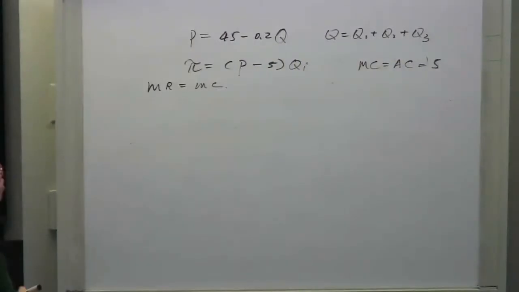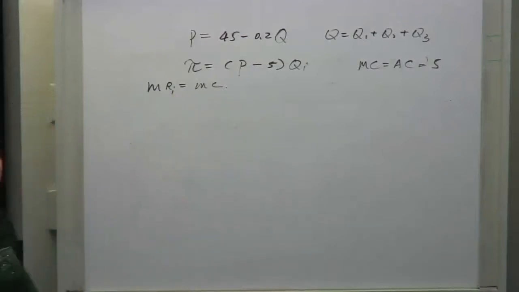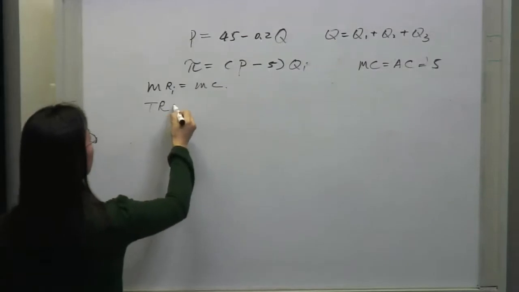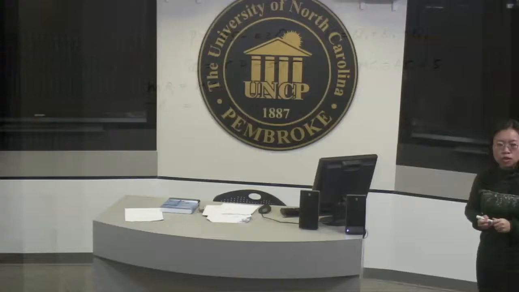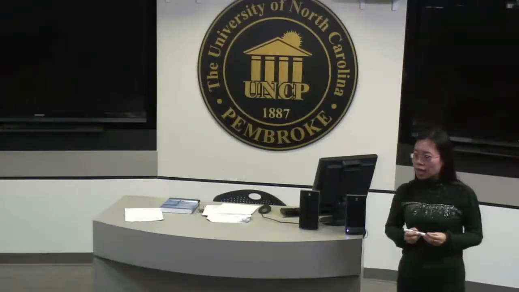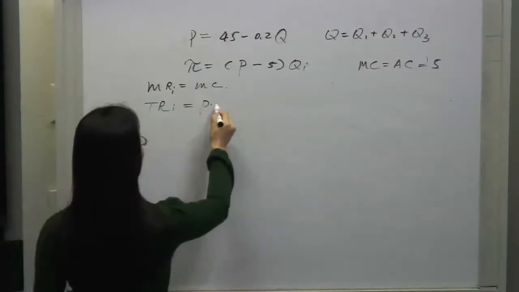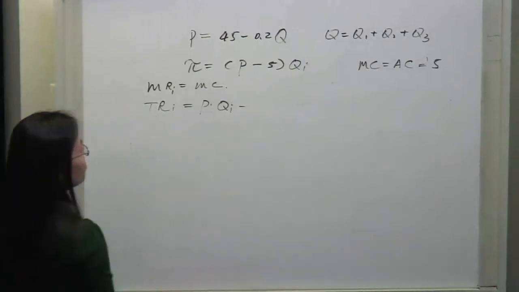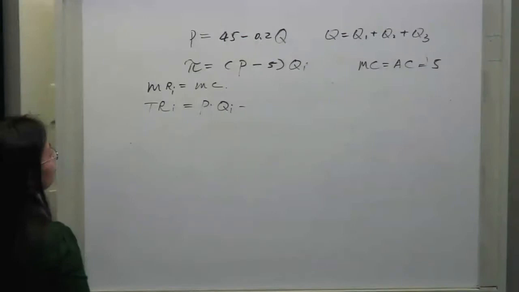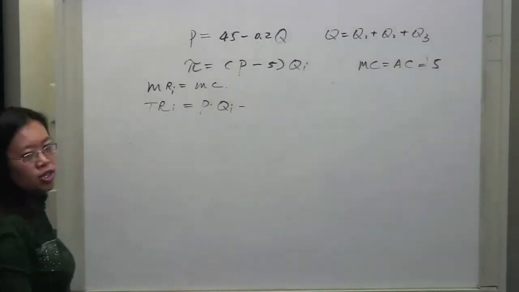How do we find marginal revenue for each firm? We need to find the total revenue for each firm, right? What is total revenue for each firm? Price multiplied by the quantity of that firm, minus cost, which is already given to you.